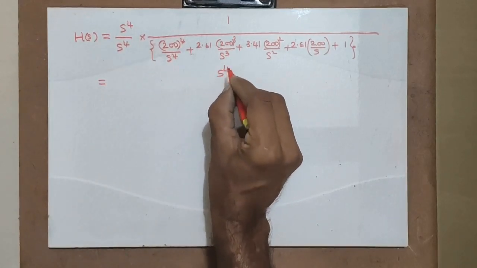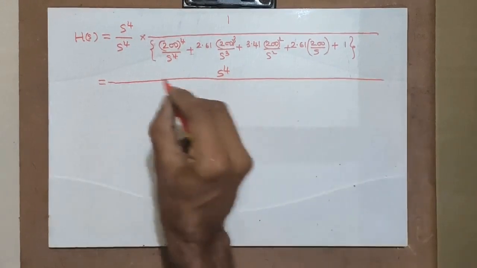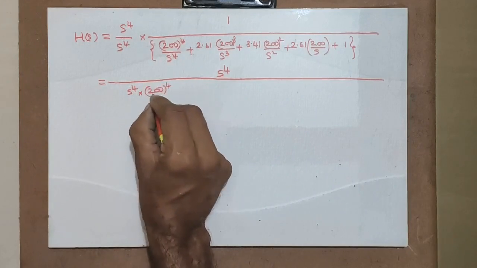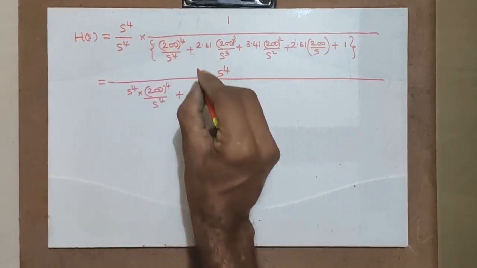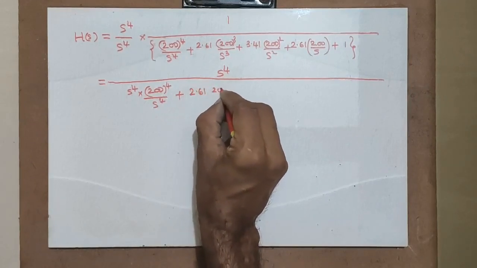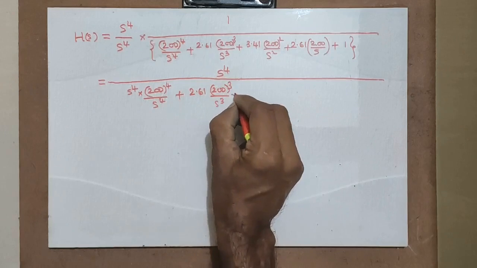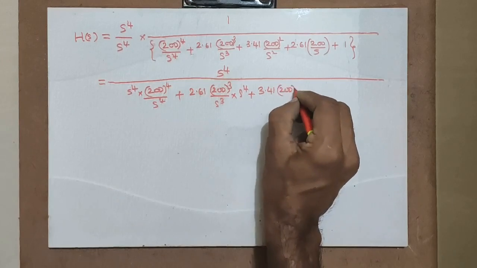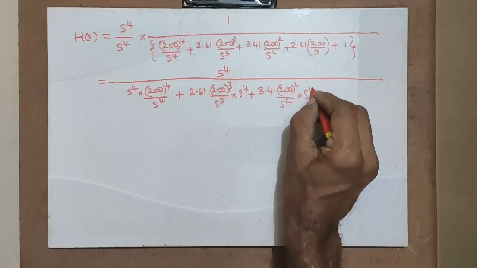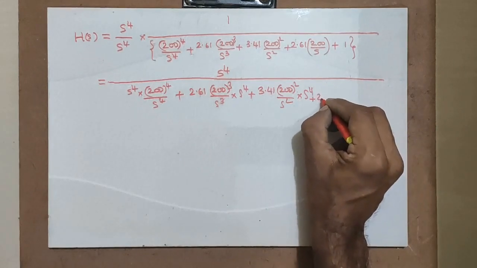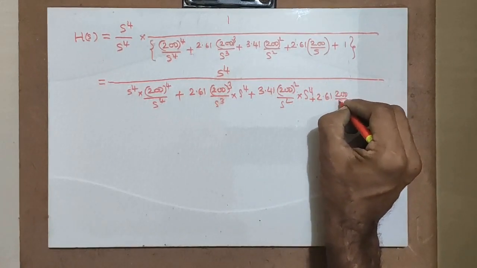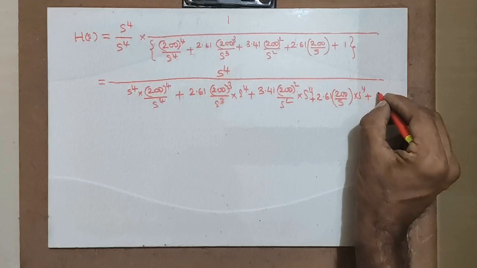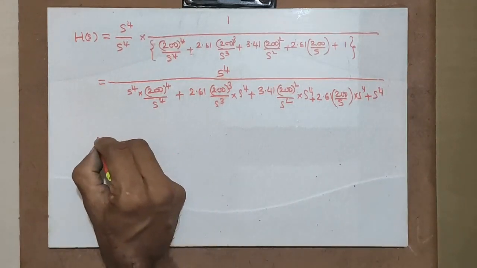Now it becomes S raised to 4 multiplied by 200 raised to 4 divided by S raised to 4, plus 2.61 times 200 cube divided by S cube multiplied by S raised to 4, plus 3.41 times 200 square divided by S square multiplied by S raised to 4, plus 2.61 times 200 divided by S multiplied by S raised to 4, plus S raised to 4 into 1.